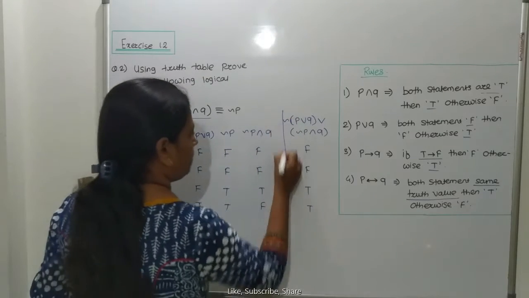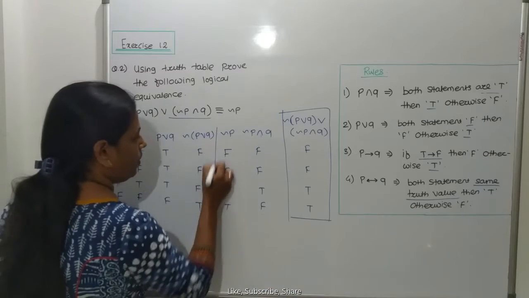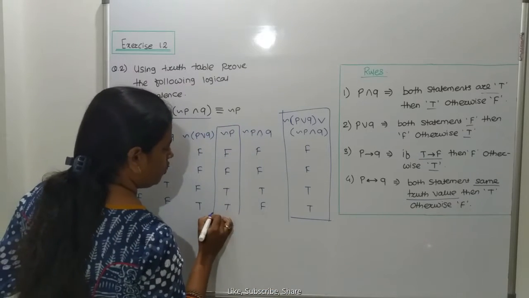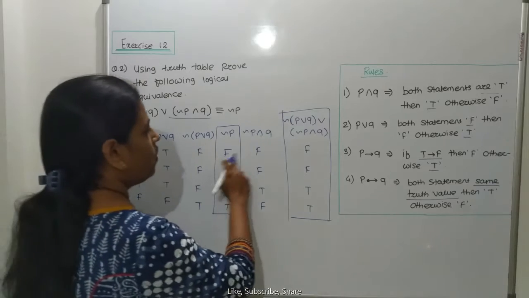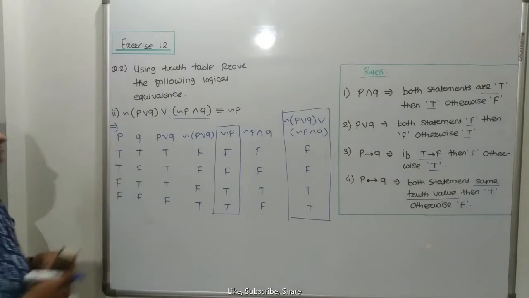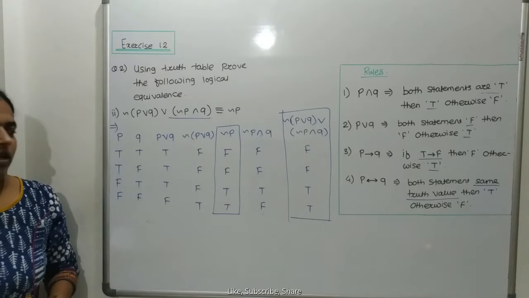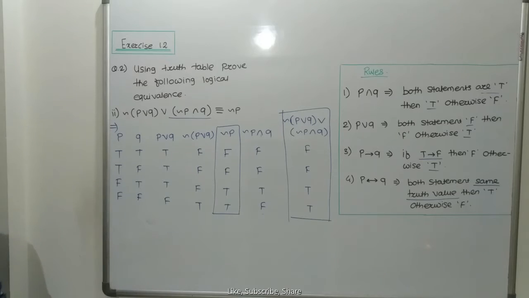That is this part. And we have to check not of P with it. Just observe the truth values of this one: false, false, same, false, false, true, true, true, true. That means we can say that these two statement patterns are equivalent. And we have shown it with the help of this truth table.